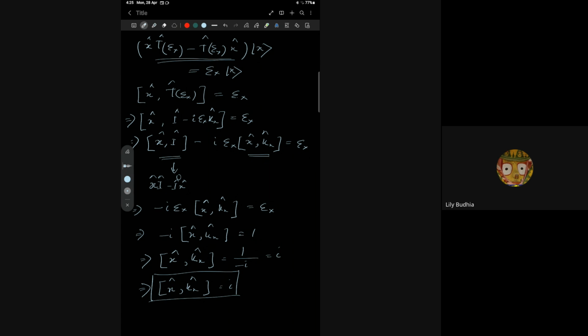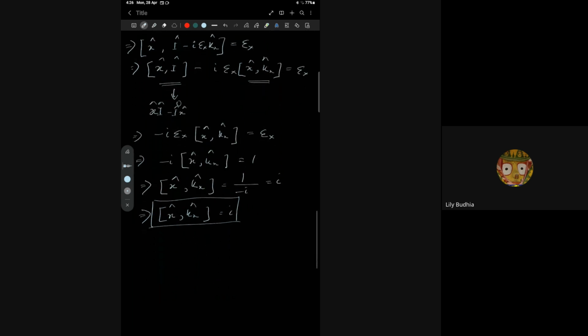So there are two conditions involved in this case. Let me remind you of the conditions. Number one, epsilon x is infinitesimal, very small.